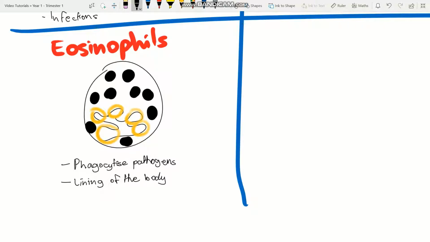Unlike neutrophils, however, these eosinophils are actually involved in allergic responses. And it is thought that these cells also have some sort of response against parasites.